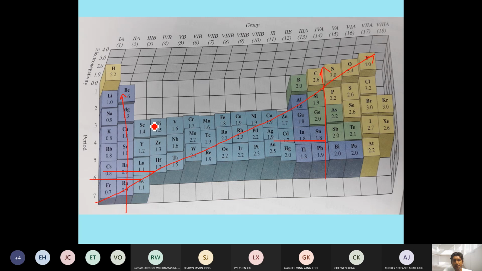Electronegativity is how much they want to attract the electrons. Here they do not want to attract electrons, they just want to shed the electrons so that they can go to the previous noble gas configuration, like helium here, then neon, argon, and krypton. If lithium just sheds one electron, it is easy for it to become helium structure.